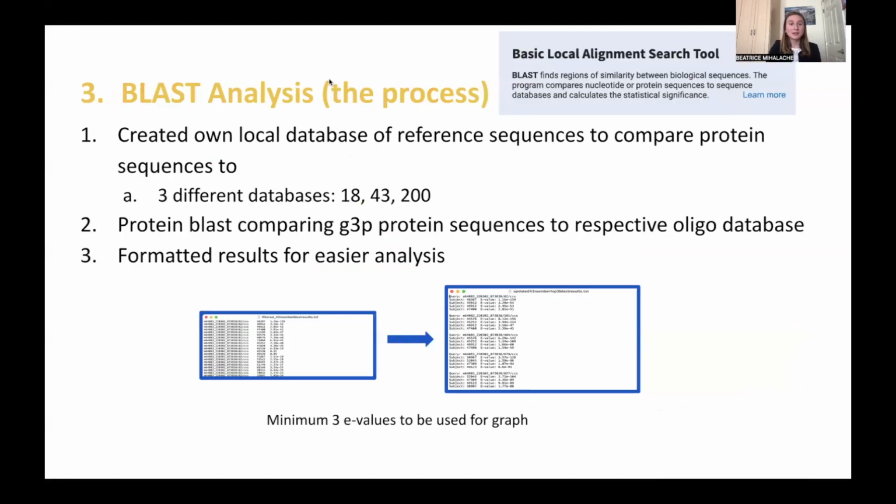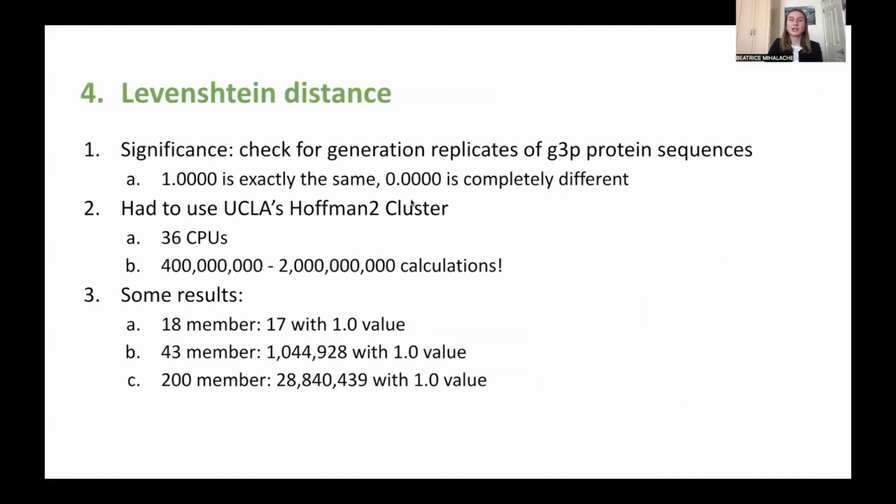Then I did a BLAST analysis by creating local databases of the reference sequences to compare the protein sequences to, and I formatted the results to be easier to analyze, as in the graph, instead of including all the relationships between the protein and all the reference sequences, I only wanted to highlight the closest 3 reference sequences in similarity. Then I checked if there were repeats created by doing a calculation called the Levenshtein distance, which checks for the number of differences in 2 sequences.